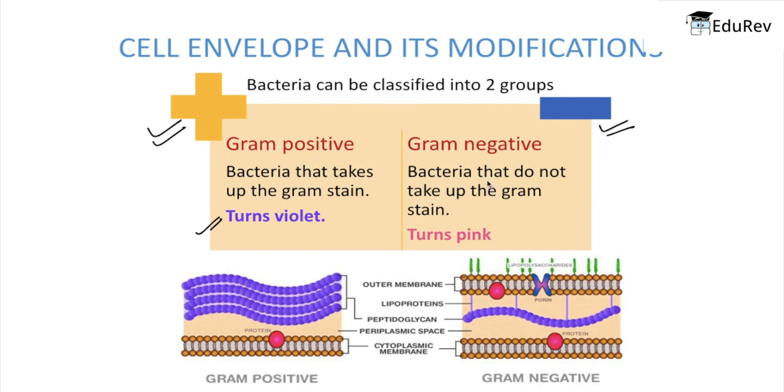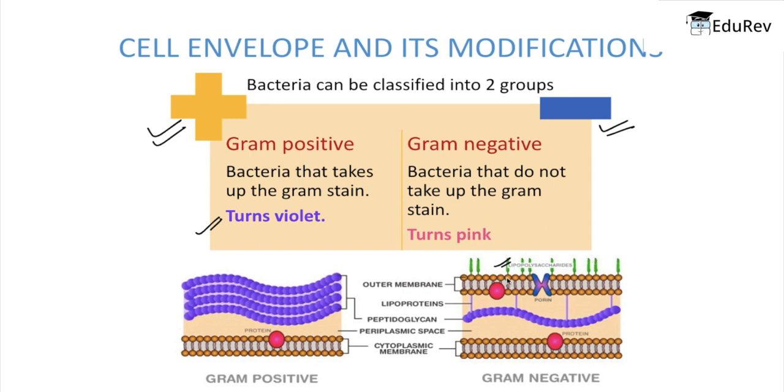The reason the gram-negative bacteria do not take up the stain is the presence of a lipopolysaccharide membrane in it, which turns pink when stained with the safranin.